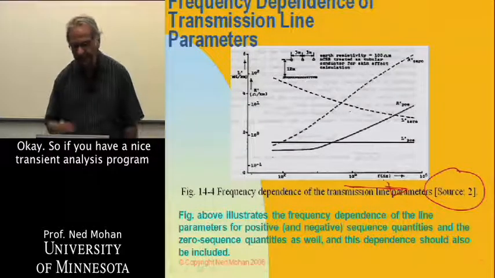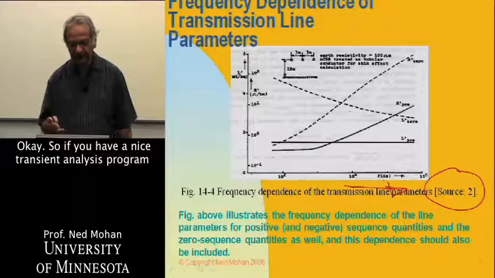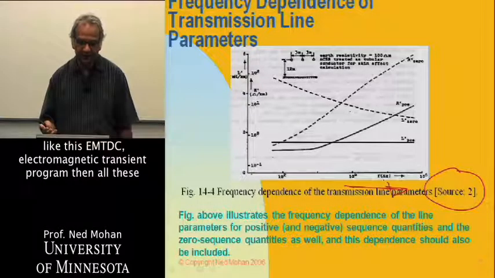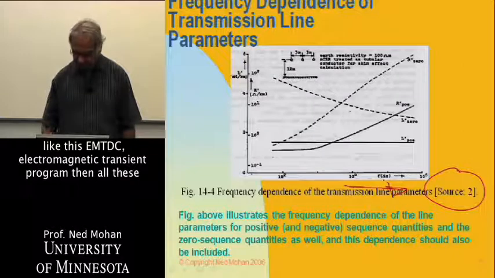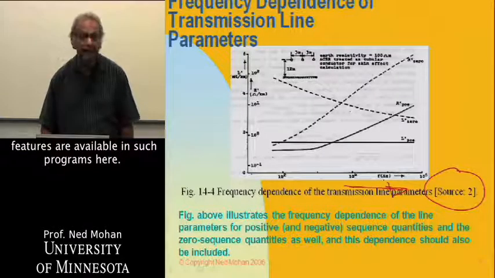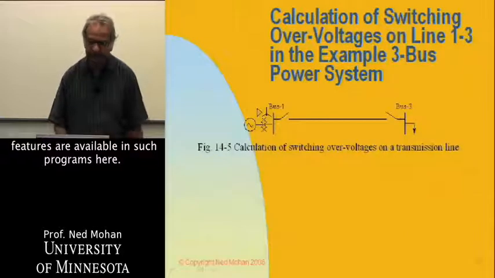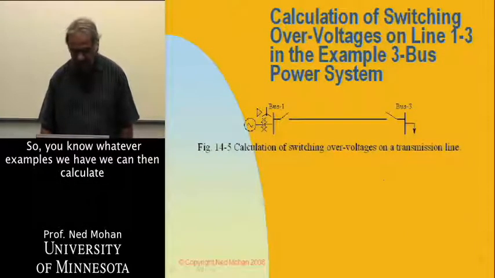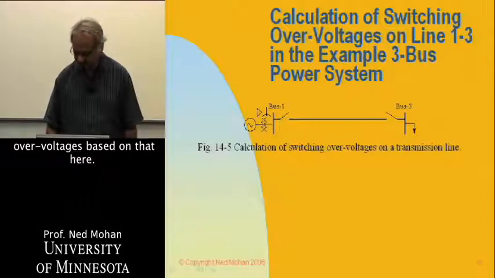So if you have a nice transient analysis program like EMTDC, the electromagnetic transient program, then all these features are available in such programs. So whatever example we have, we can calculate overvoltages based on that.